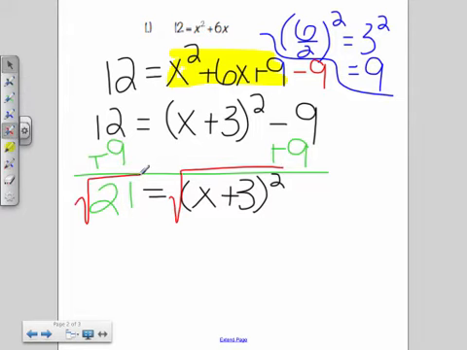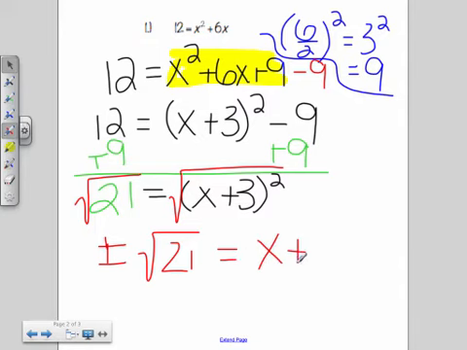And do not forget that when you square root a number, you end up getting two possible answers. So this will turn out to be plus or minus the square root of 21 is equal to x plus 3. Okay? Lastly, I need to isolate this x right here.